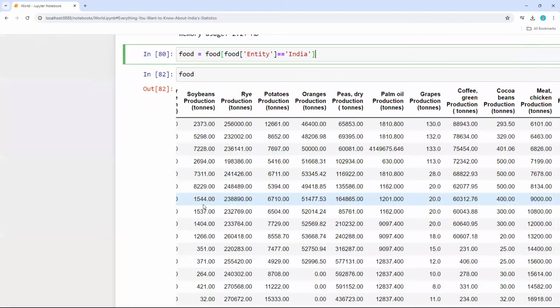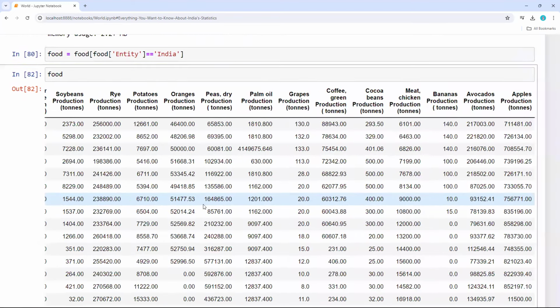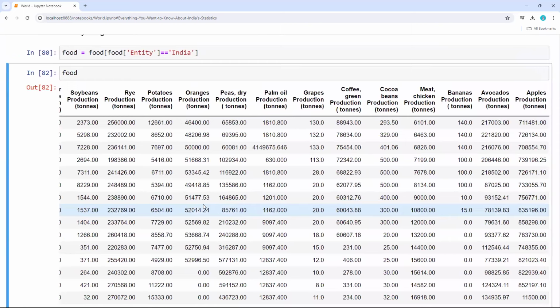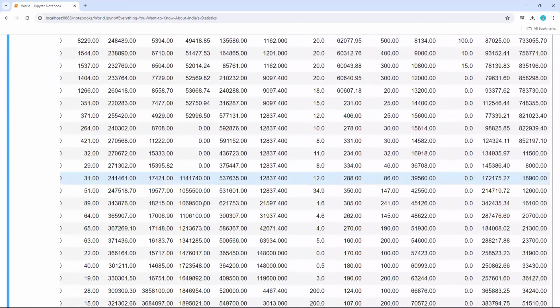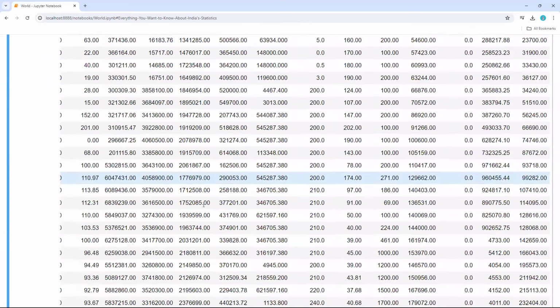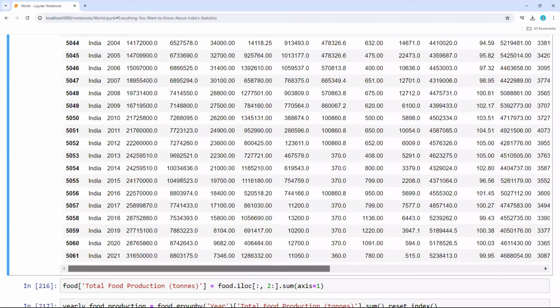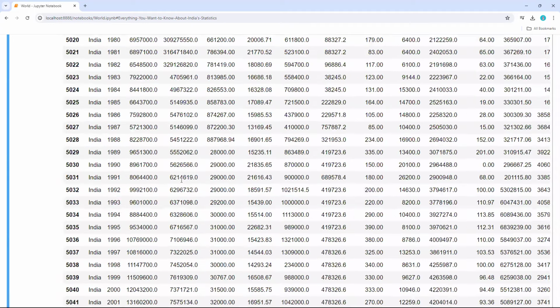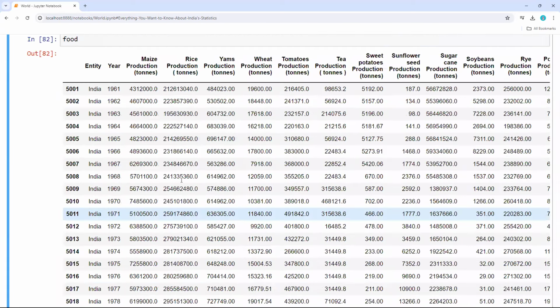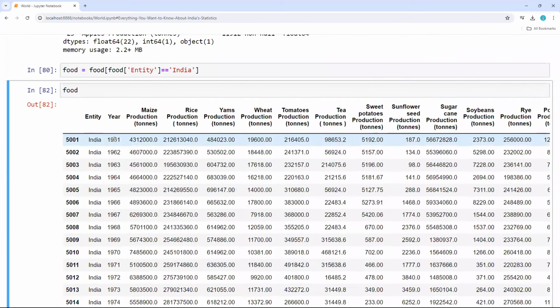So for India, you can see I have the data from 1961, with maize production in tons, rice production, yams, wheat, tomatoes, tea production, sweet potatoes.